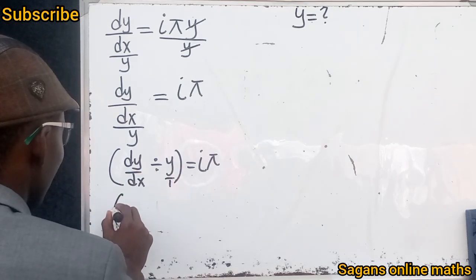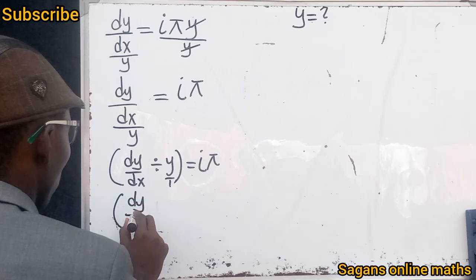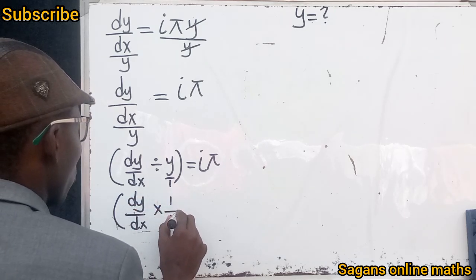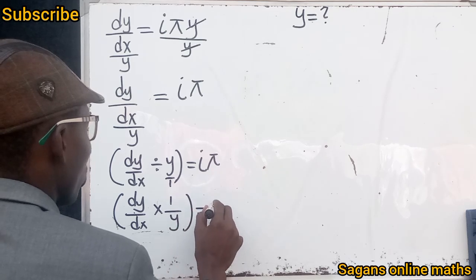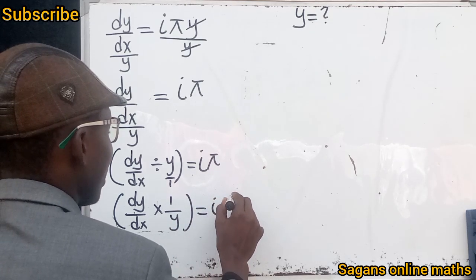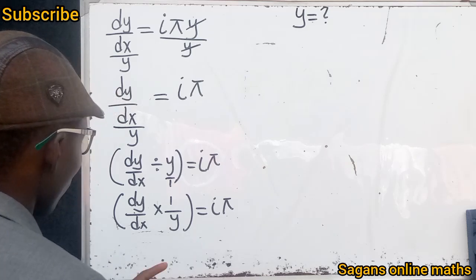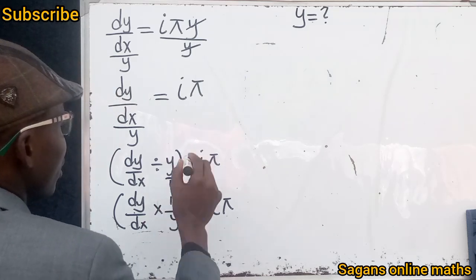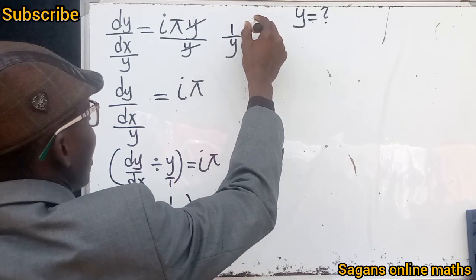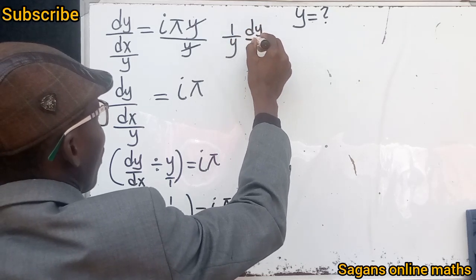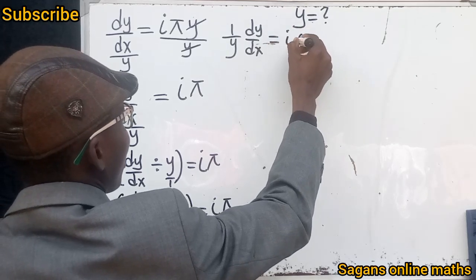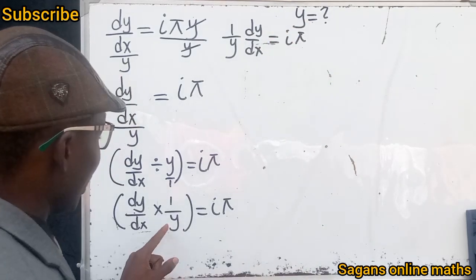So now this is dy/dx multiplied by 1/y, equals the imaginary unit multiplied by pi. Now this is the same thing as 1/y dy/dx equals the imaginary unit multiplied by pi. You can see they are the same thing.